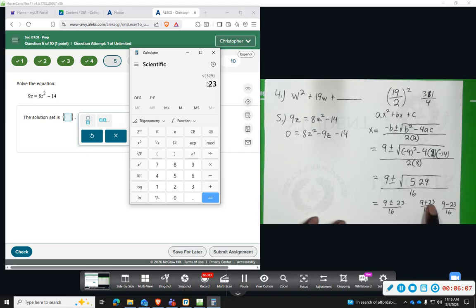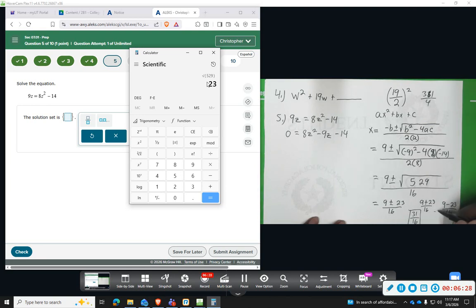9 plus 23 will give us 32. 32 divided by 16 is 2. Okay, so that one is 2. And then 9 minus 23, that should give us a negative 14. Negative 14 over 16.